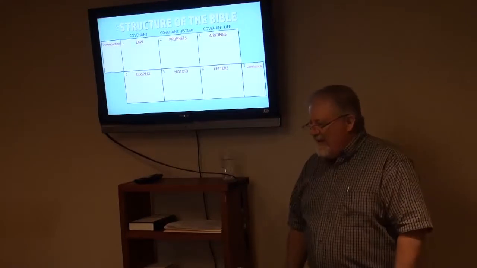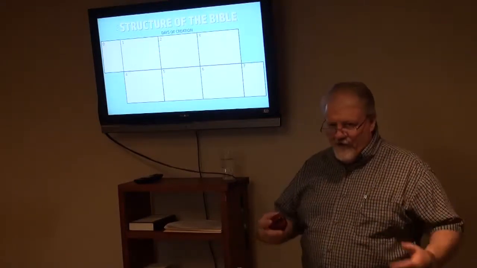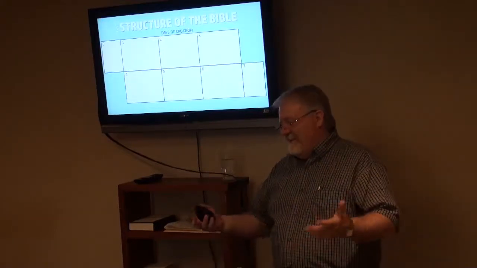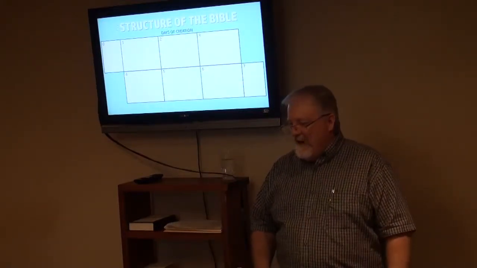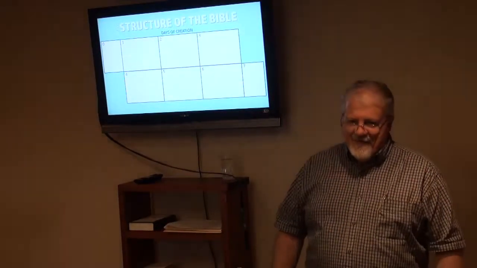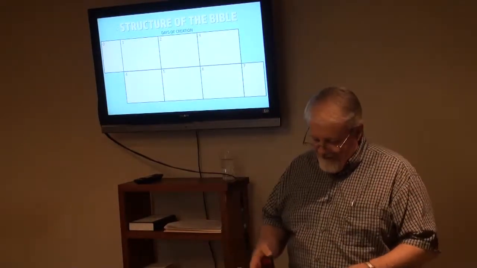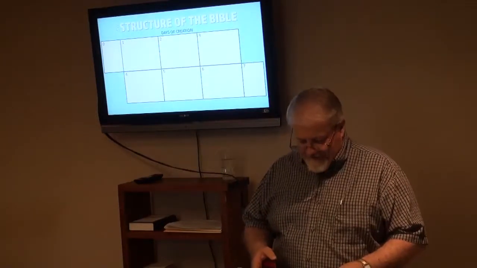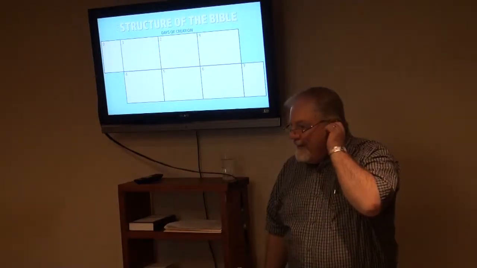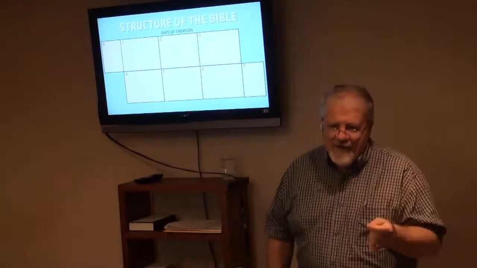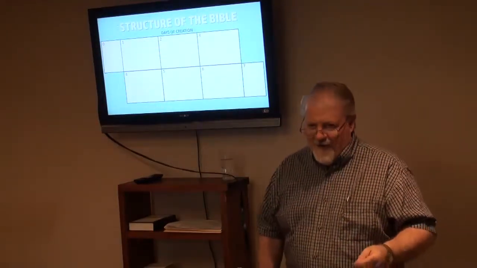So let's just take a look at the days of creation so that you can see this again. All I've done now is leave the numbers and the boxes there, and there are the 7 days of creation. Now you're going to say, well, what about the 0? Let me show you how this structure follows the days of creation. Genesis 1:1 begins with the statement, in the beginning God created the heavens and the earth.